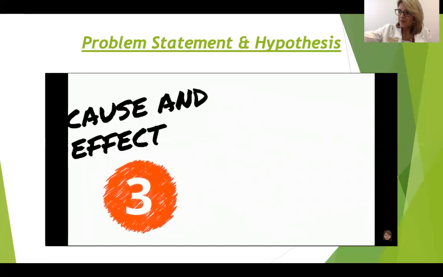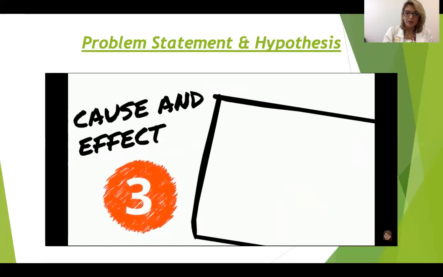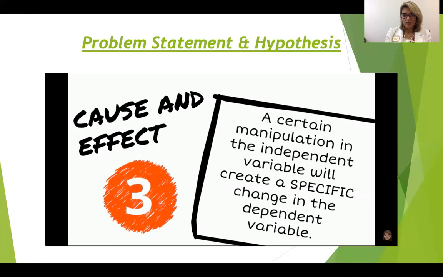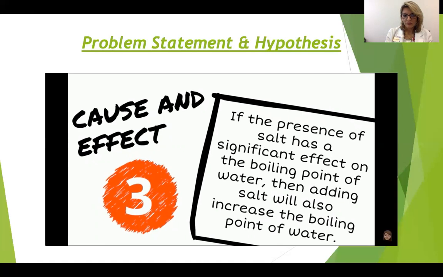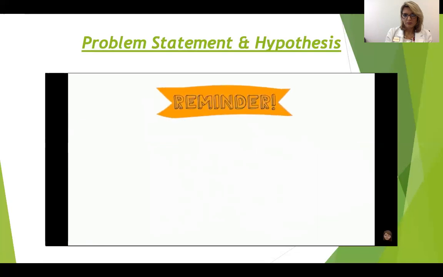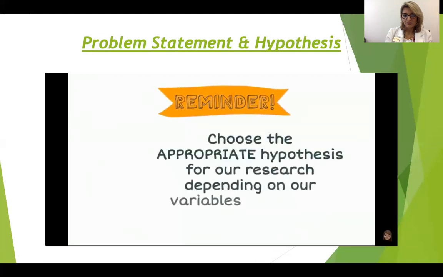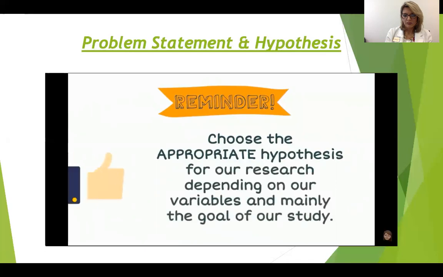Last is the cause and effect hypothesis. It states that a certain manipulation in the independent variable will create a specific change in the dependent variable. For example, if the presence of salt has a significant effect on the boiling point of water, then adding salt will also increase the boiling point of water. Another important reminder, we choose the appropriate hypothesis for our research depending on our variables and mainly the goal of our study.